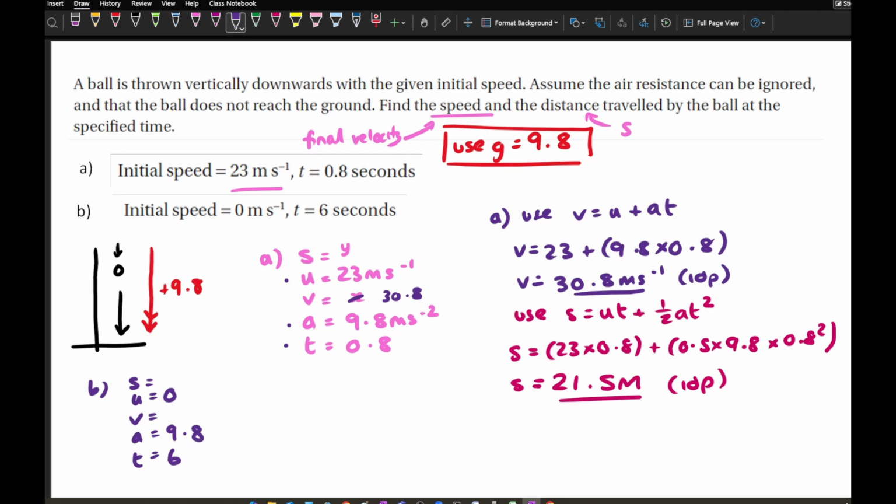Again, substituting those values in the same way, I should have a V value of 58.8 meters per second. And for S, I should end up with a value of 176.4 meters. And each of those answers are given to 1 decimal place.